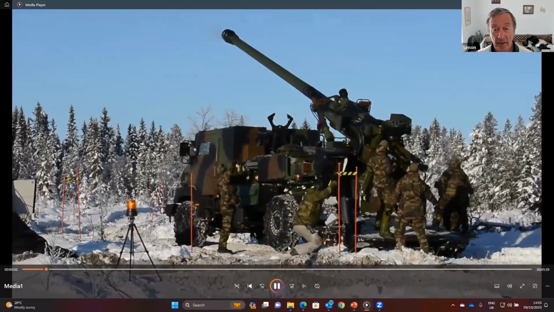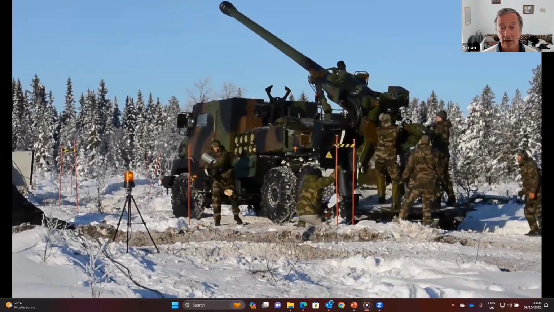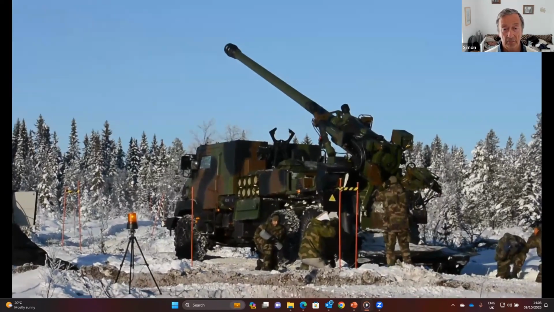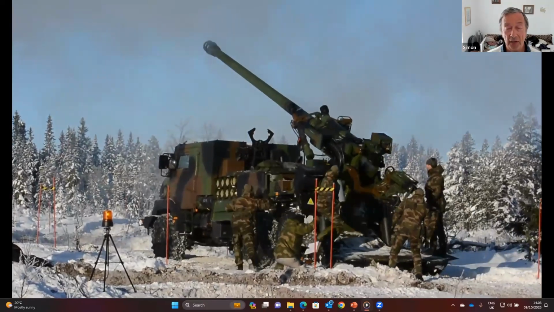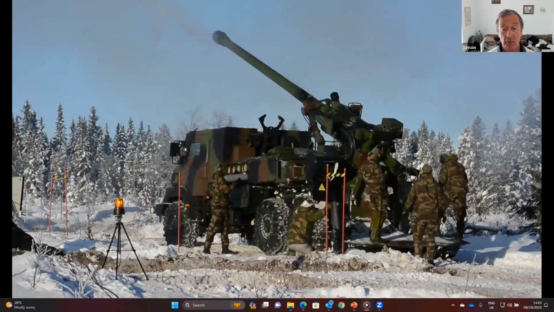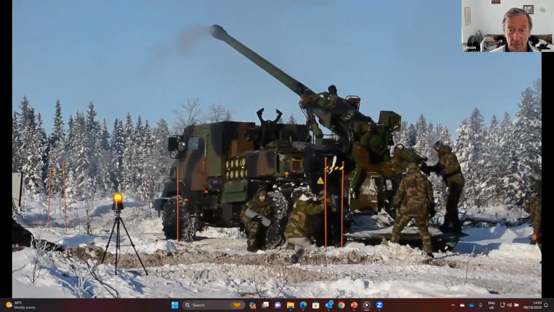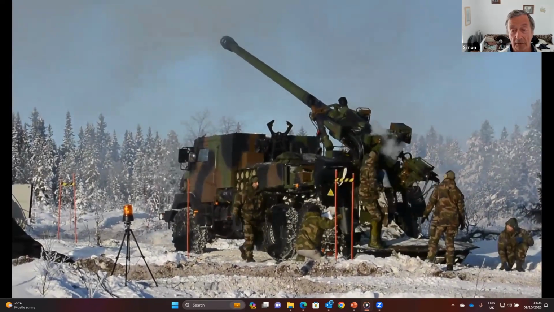Okay, this is one of the guns. This explains what's happening out in Ukraine. Did you notice the camera jump? So we've got to get the second one off. And then the third one.